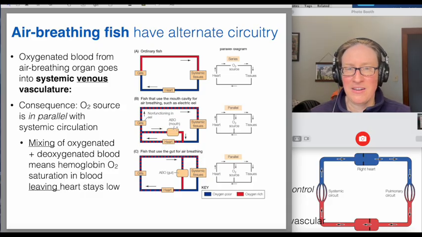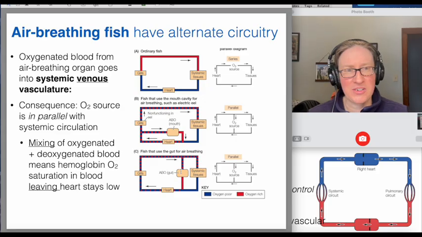And so in fish using their mouth as their air-breathing organ, the heart is then going to receive a mixture of oxygenated and deoxygenated blood, which it will then pump back across the gills, back through the systemic tissues. So we've gone from a situation where the oxygen source is in series across tissues and the heart to adding a parallel source of oxygen returning to the heart.